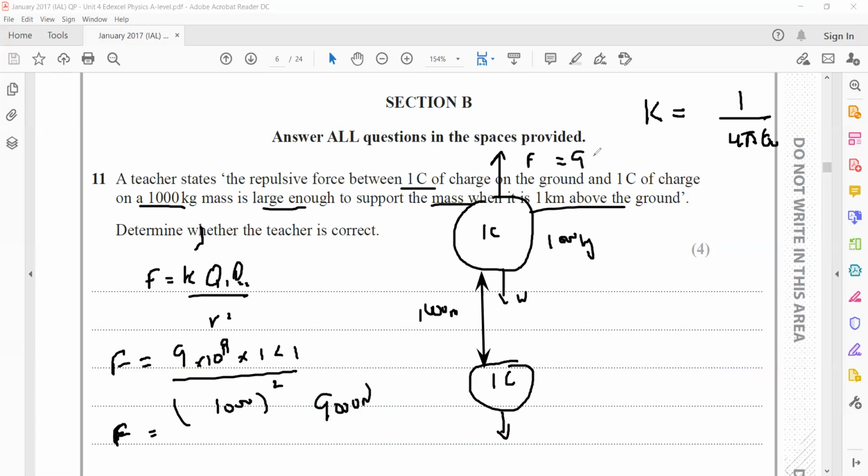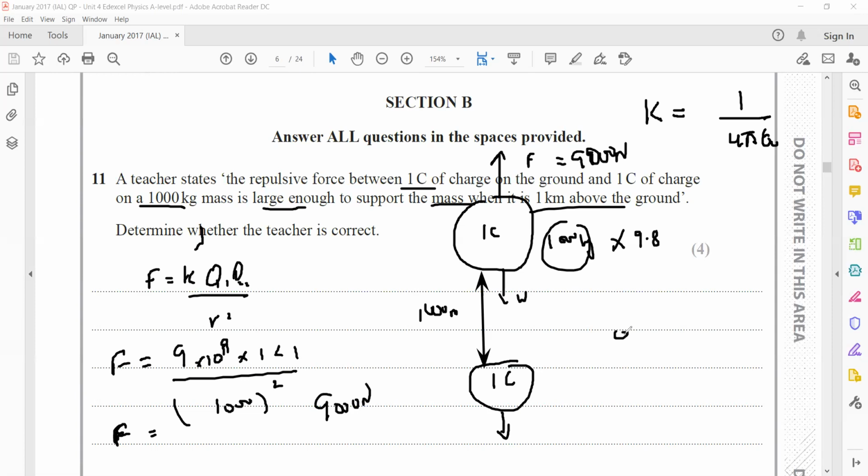And what about the weight? Weight is mass multiplied by gravity. So mass is 1000 and the gravity is 9.8. When I multiply 1000 with 9.8, what will I get? So is it enough to balance 9.8 multiplied by 1000, which is equal to 9,800.